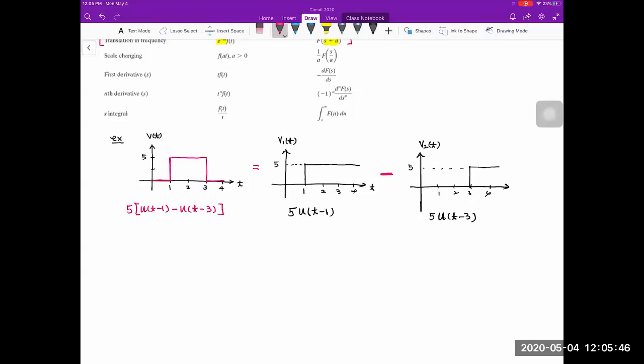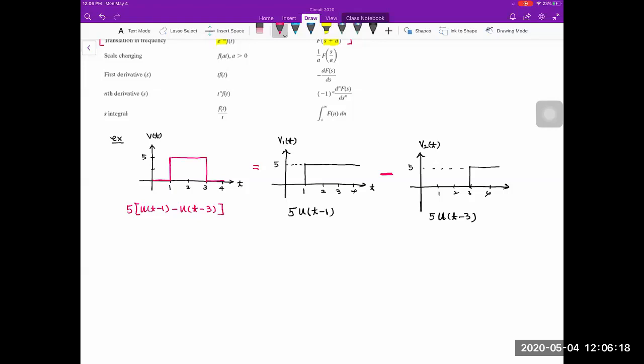If this is a function provided to your circuit and you're going to use the Laplace transform method to solve it, the first thing you do is transform this, because this is a source. Later on, we're going to talk about the resistor, the inductor, and the capacitor. We can also do the Laplace transform to each one of them, making them into impedance, the s impedance.